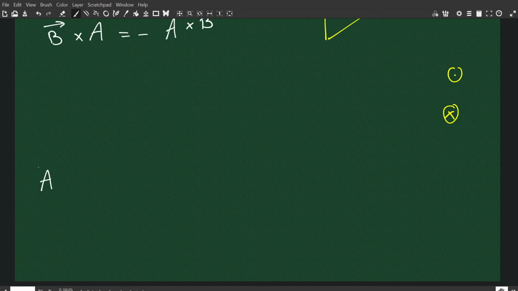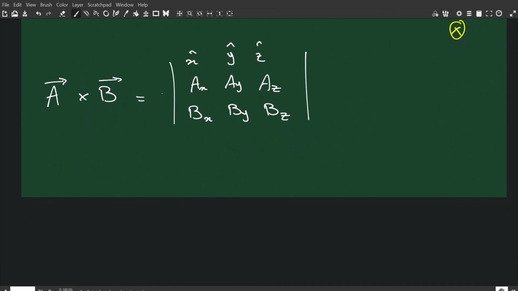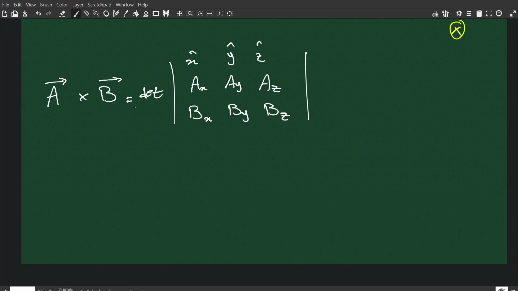You can write A cross B in Cartesian coordinates as the determinant of this matrix: AX, AY, AZ, BX, BY, BZ. Determinant of this matrix. But if you don't know matrices, don't worry, because we'll cover it in another video.